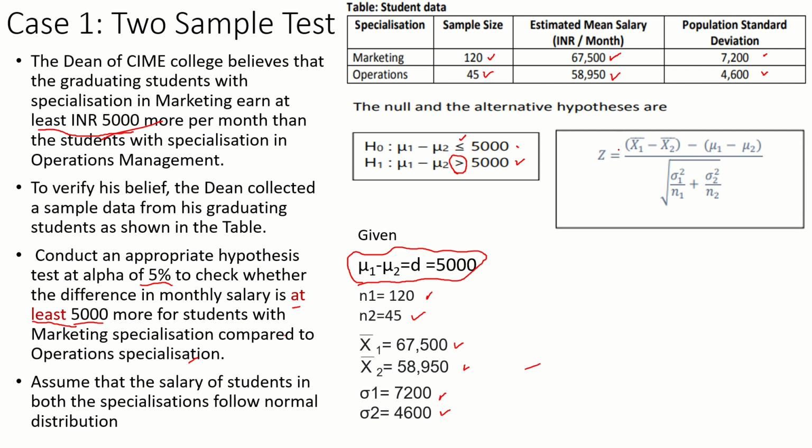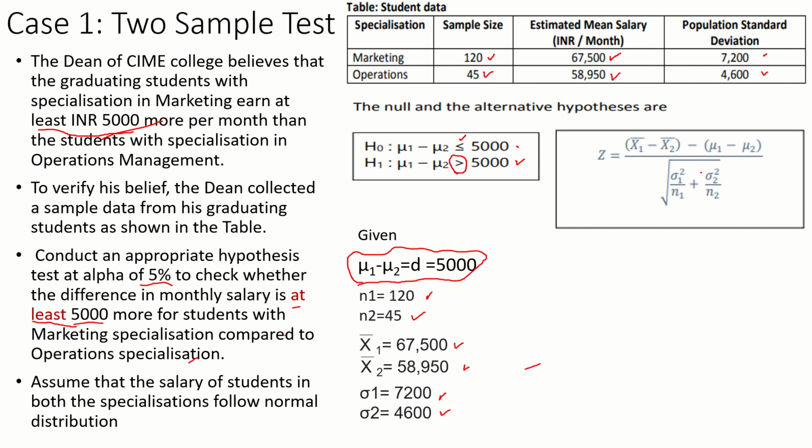This is the Z formula for calculating the Z statistic or test statistic: x bar 1 minus x bar 2 minus mu 1 minus mu 2, divided by the square root of sigma 1 squared by n1 plus sigma 2 squared by n2.